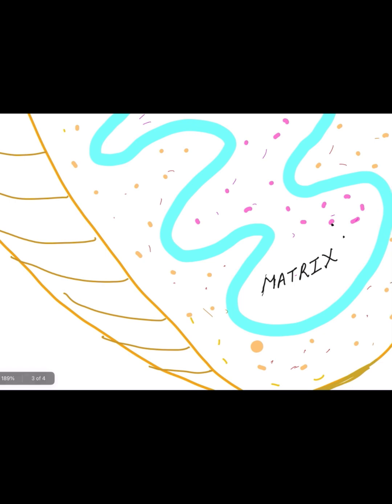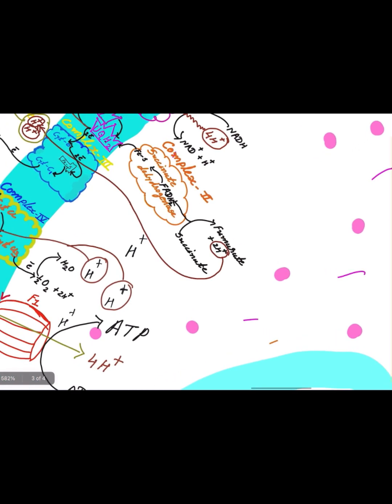So the NADH and FADH2 are present inside the mitochondrial matrix. They are in the reduced form, so they must be oxidized and give electrons.